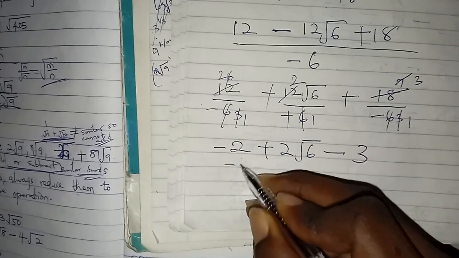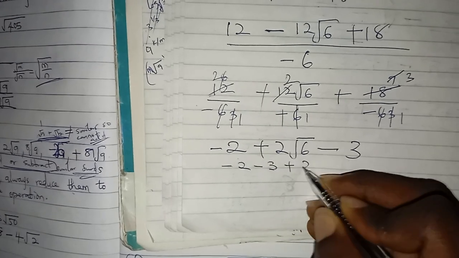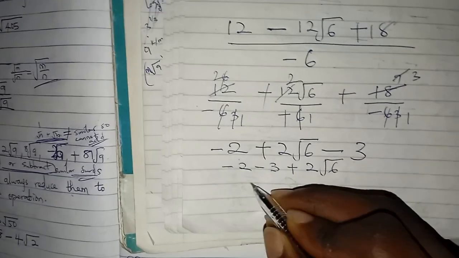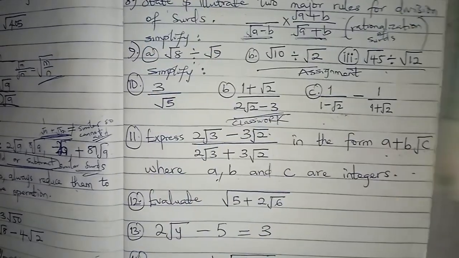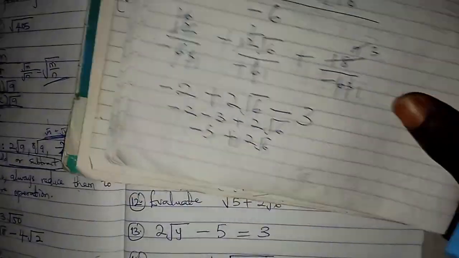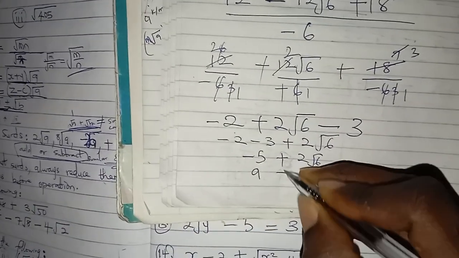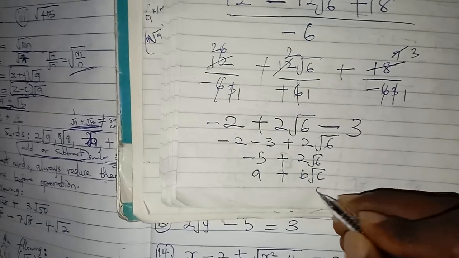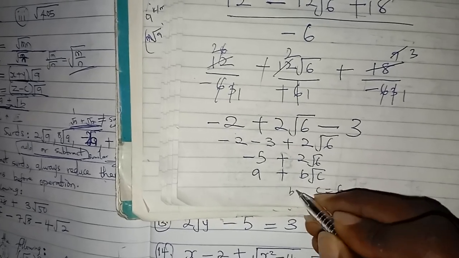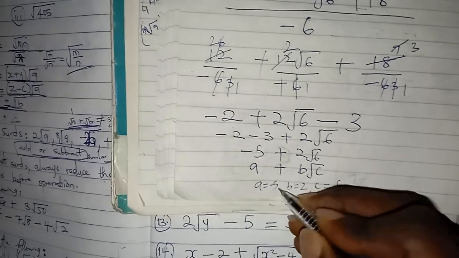So I can have minus 2 minus 3 plus 2 root 6, which is the same as saying minus 5 plus 2 root 6. Since they want us to express this in the form of a plus b root c, so that means that c is equals to 6, b is equals to 2, and a is equals to minus 5. That's what it means.